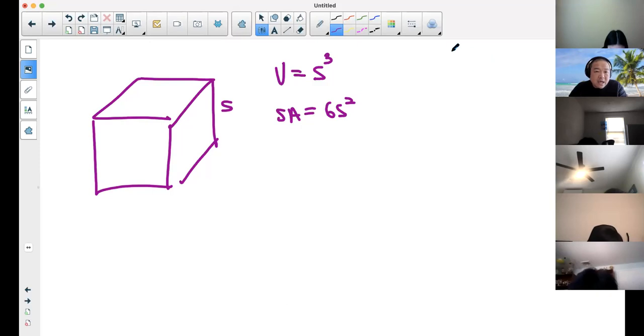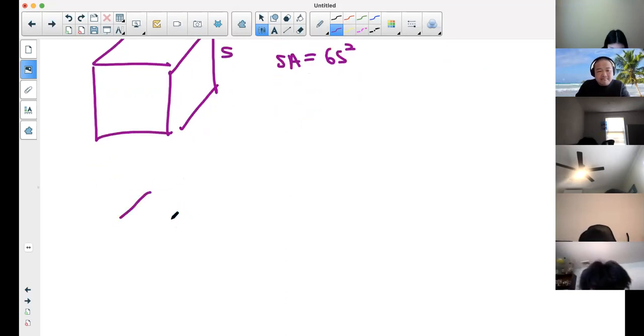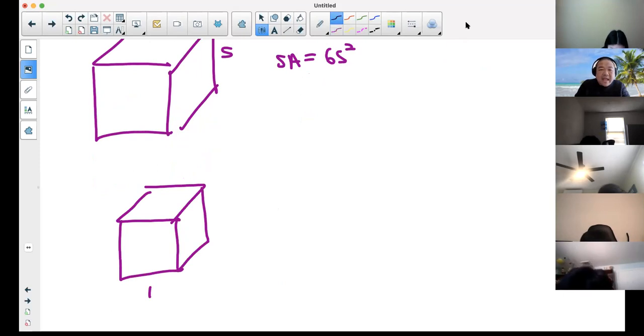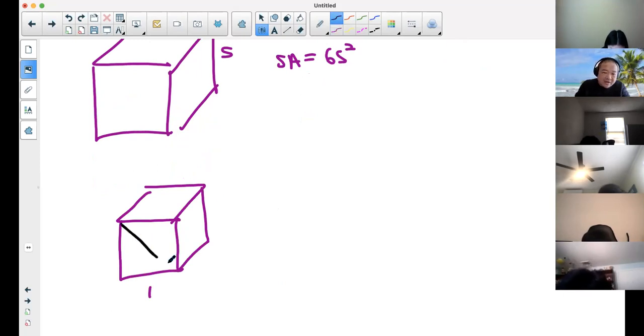But there are other things that I need you guys to know, such as this. In case of a cube, there's a special ratio of 1 to root 2 to root 3, as in, let me try to sketch that as much as I can. If the length of a side is 1, and the diagonal of a face is square root of 2, 1 radical 2, obviously, right?